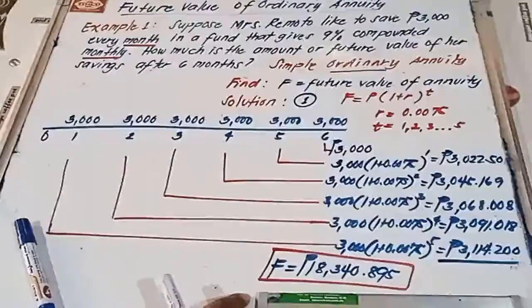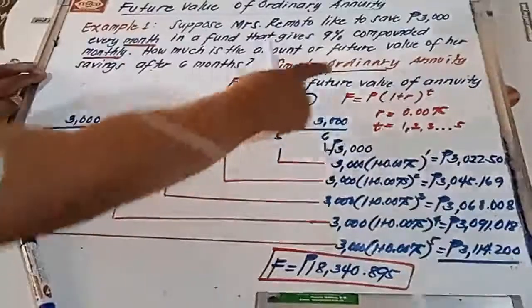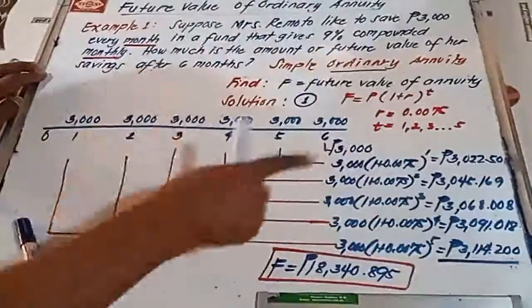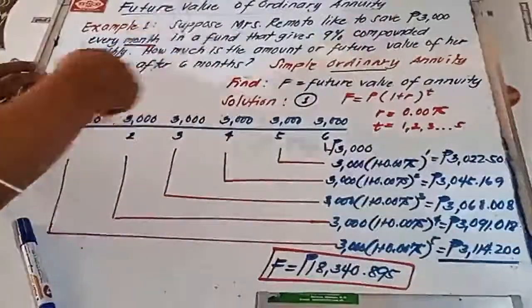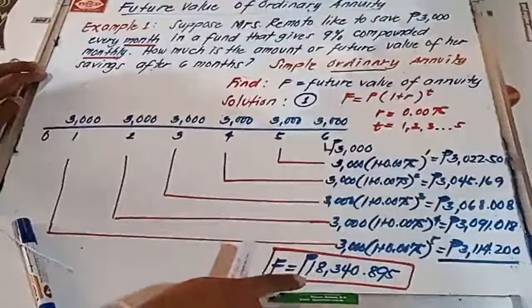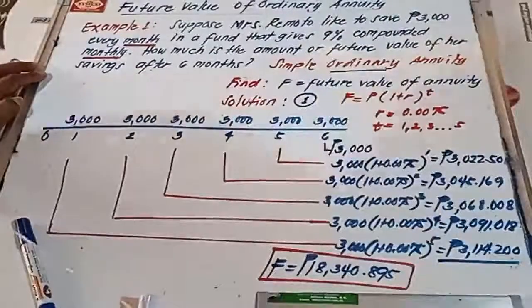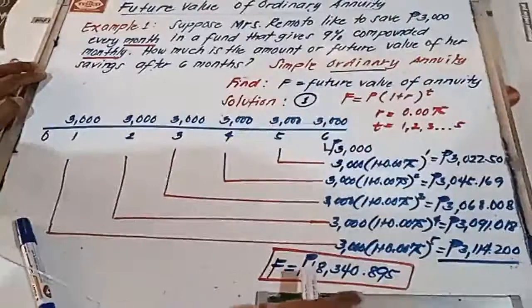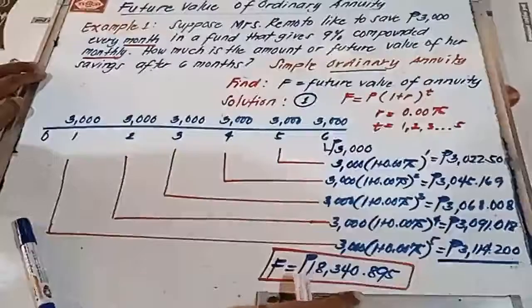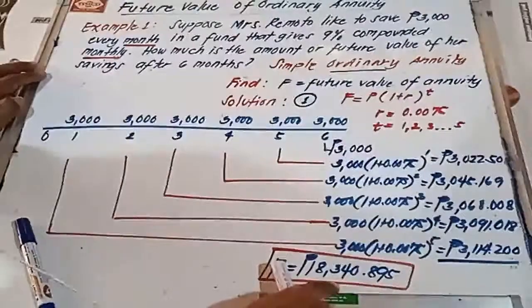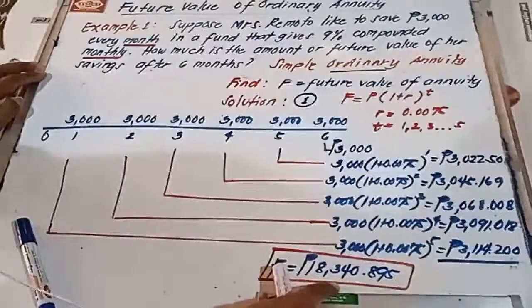Now, after 6 months, it should actually be only 18,000, right? But it earns 9% compounded monthly, so it became 18,340.895, so it earned 340.895 pesos.